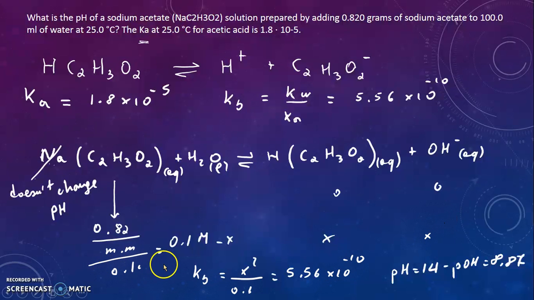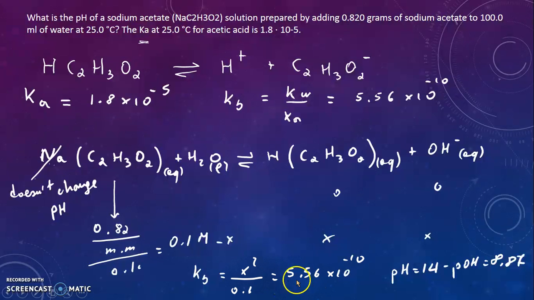And at the equilibrium phase, you have 0.1 minus X for the acetate, X for the acetic acid, and X for the OH. So now if you're putting together the K, which K are you getting? It's not a Ka, but what you're putting together as X squared divided by 0.1 minus X is really Kb because it's the constant of a base. You're dealing with a base, you're not dealing with an acid yet, right?